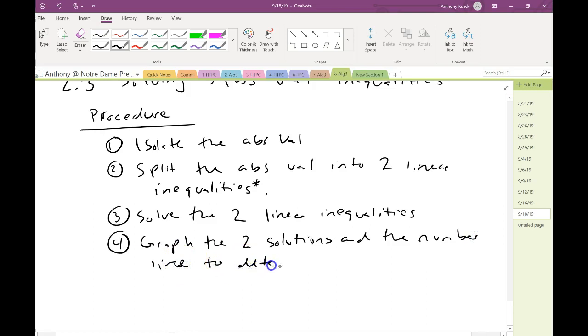And we're going to do that to determine whether we have an AND inequality or an OR inequality. And I'll talk more about what that means and how we do that in a moment, but that's the gist of things.